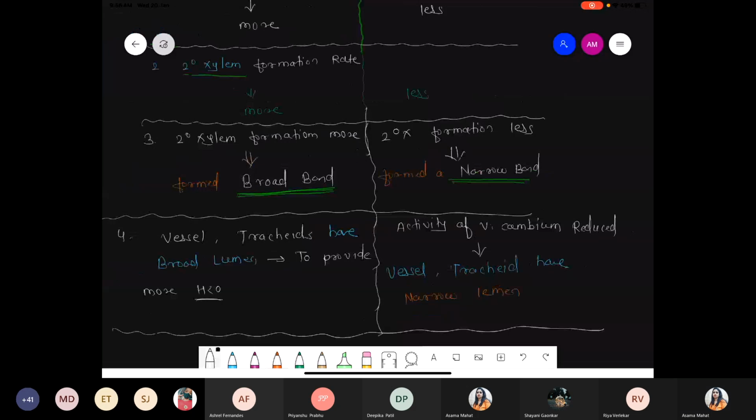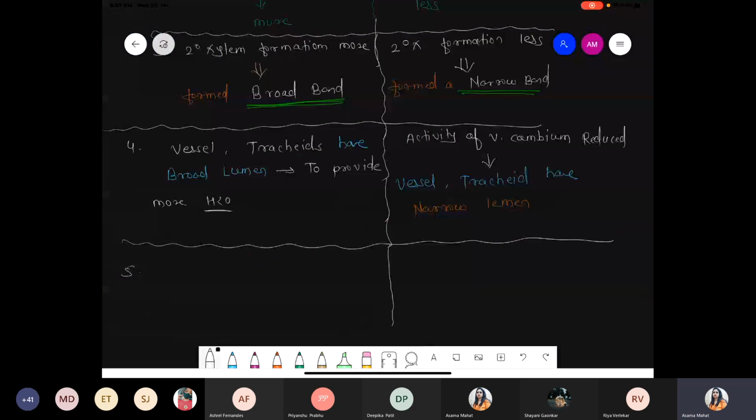Another point. Fifth one. Color of that wood. Now what happened? Basically, we are talking about the spring season, cells are more active, right? And if cells are more active, it means the cell wall is less thick. I'm not using the word thin because it is a part of the secondary growth, so here it will be thick, but they are less thick. So we are talking about the next part, that is the cell wall.